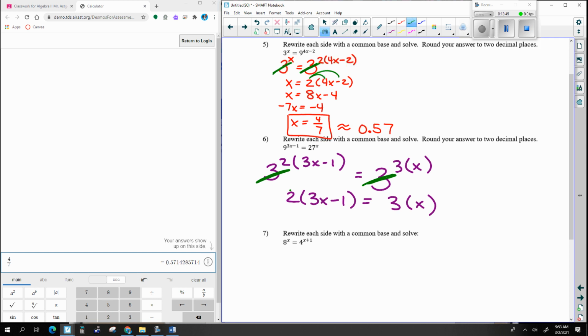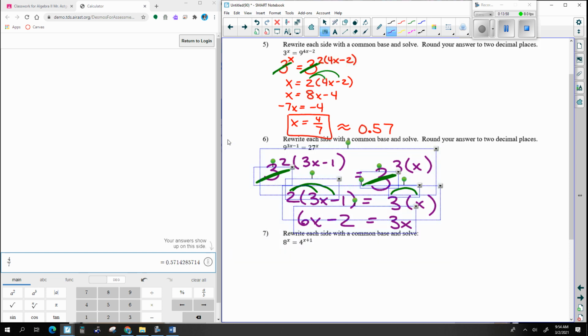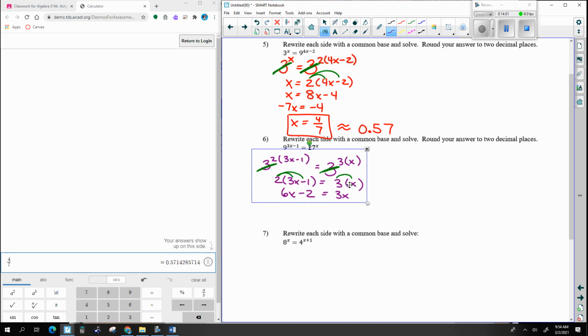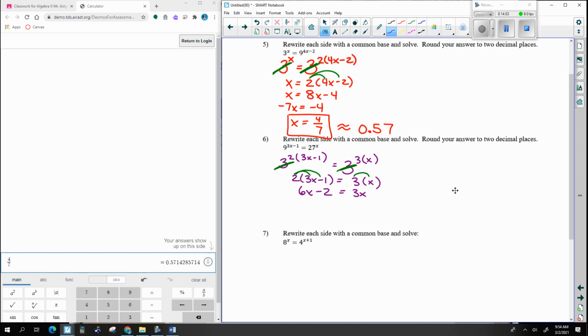Multiply into this parentheses, I guess into both parentheses, doesn't really matter. 6x minus 2, 3x. I will subtract 6x, which leaves me with -3x, divide by -3. Negative divided by negative is positive, so this is 2/3. Put it in the calculator, is 0.67.